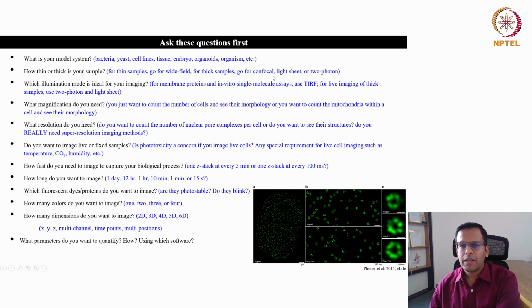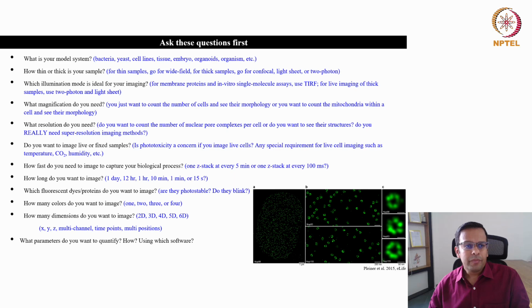Confocal is kind of an intermediate, it can provide intermediate depth, which is lower than light sheet and 2-photon, but better than wide field imaging. But for really thick samples, like organoids or entire organisms, it's better to go for either 2-photon microscopy or light sheet imaging.